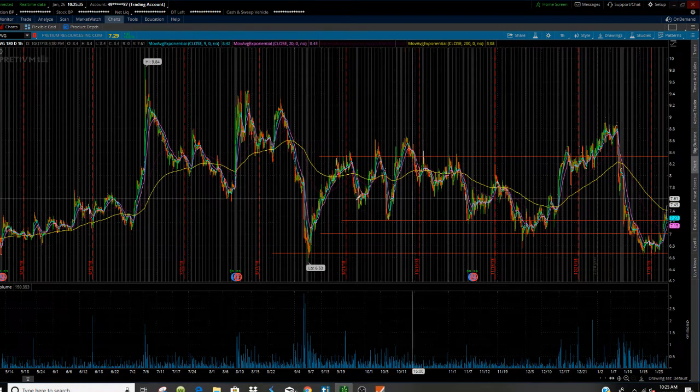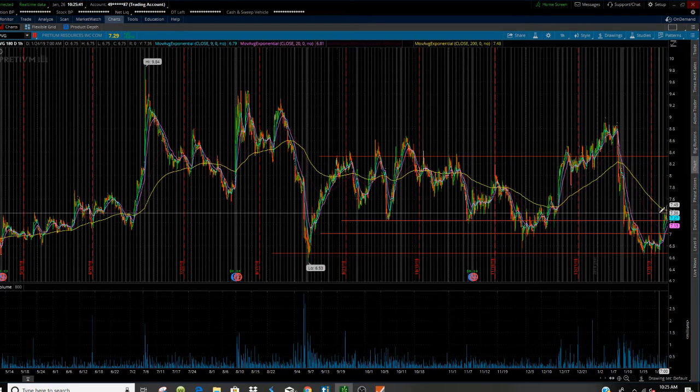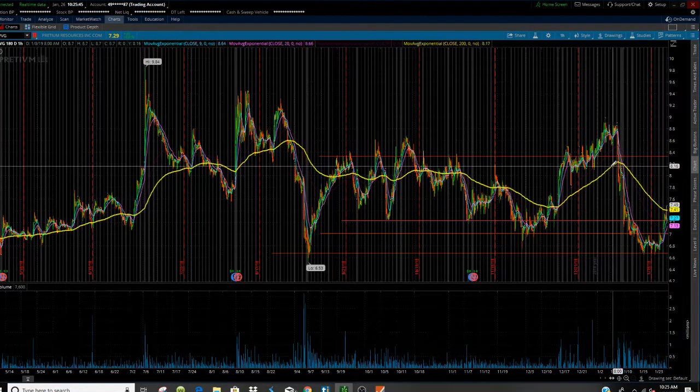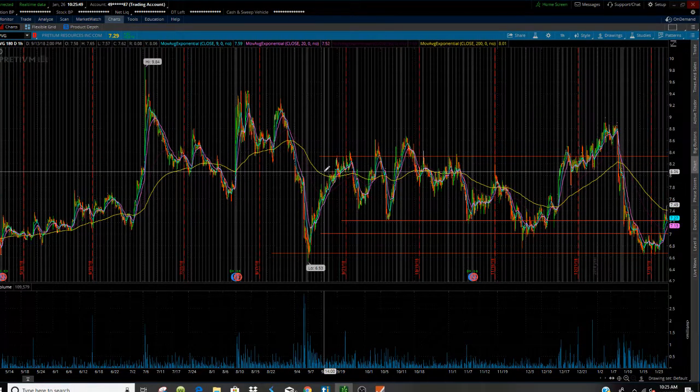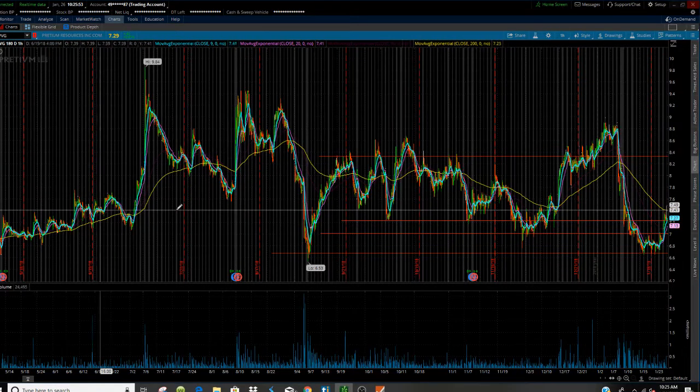Okay, so now looking at past history, we're going to be looking to see what happens if it breaks over the 200 moving average line. That is this yellow line right here. This just takes the past 200 days and filters out the closing price of each, for those of you.